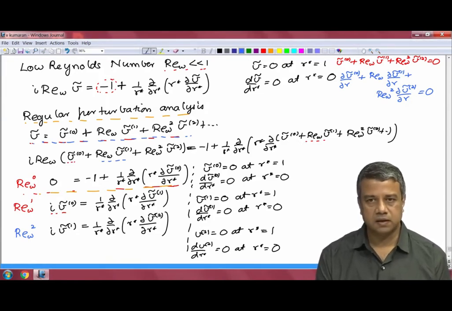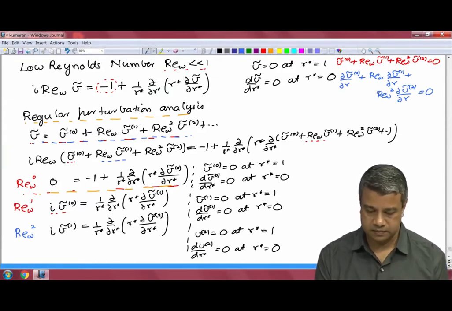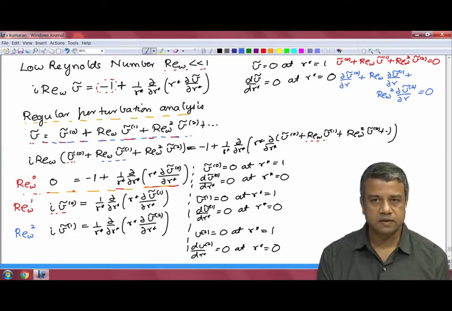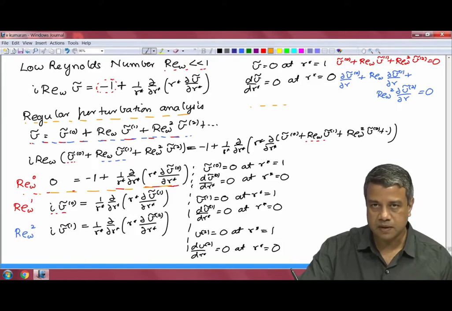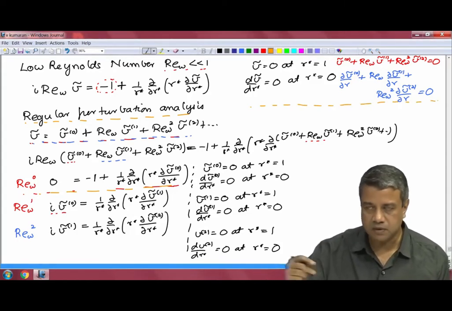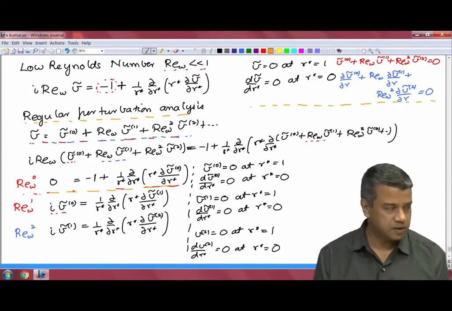By collecting all terms in the original equation that have the same power of Re omega, you get a sequence of equations. And you have a sequence of boundary conditions as well, by expanding the boundary conditions also in the parameter Re omega.